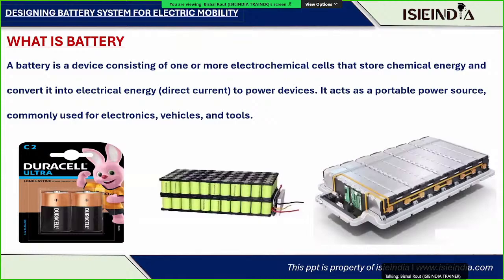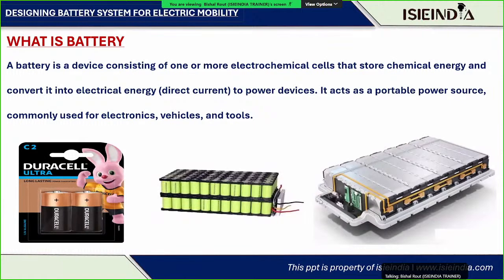What exactly is the battery? We all know it is an energy source. As far as an IC engine is concerned, the energy source is the engine; as far as an electric vehicle is concerned, the energy source is the battery. A battery is a device which converts chemical energy to electrical energy.